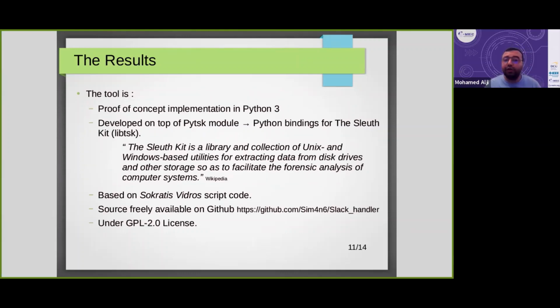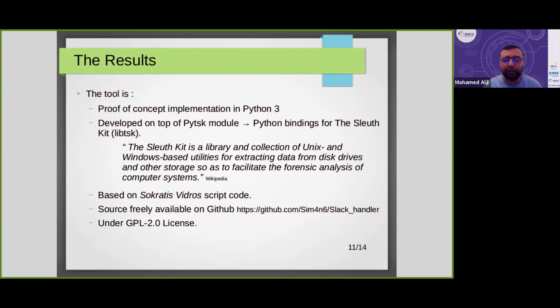The tool is a proof of concept, and it is written entirely in Python 3. It is based on a module named pytsk, which is nothing more than a Python binding for the Sleuth Kit library. The Sleuth Kit is a very well-known collection of tools and utilities, which allow the extraction of data from disk images and storage.